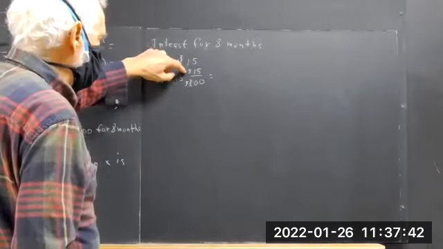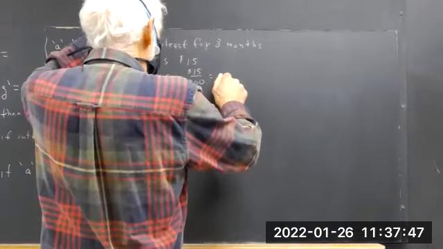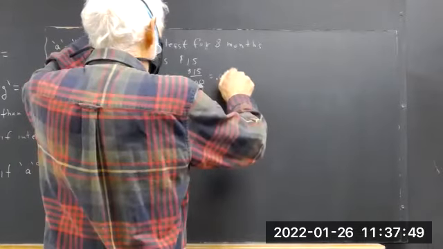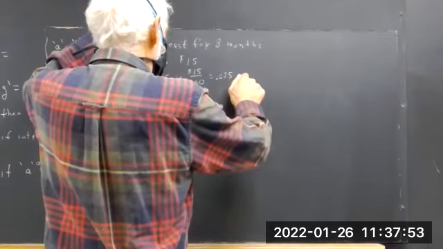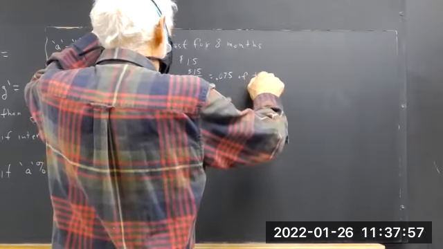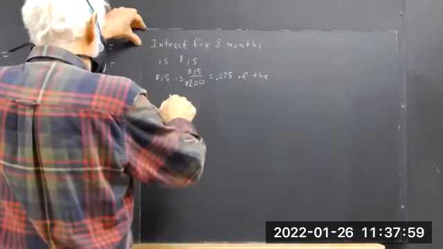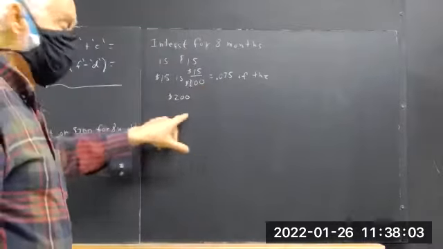Okay, that's 15 over $200, which is .075 of the $200.